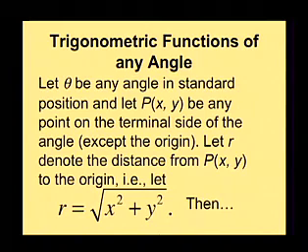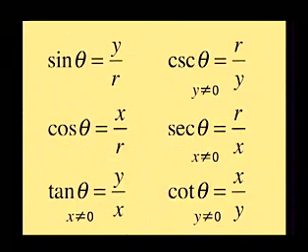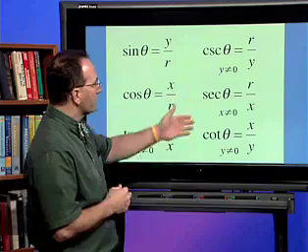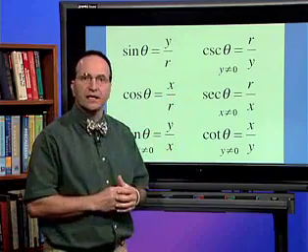Let r denote the distance from that point, x comma y, to the origin, i.e., r is equal to the square root of the quantity x squared plus y squared. In that case, the 6 trigonometric functions are defined as follows. Sine of theta is y over r, cosine of theta is x over r, tangent is y over x, where, of course, x is not equal to 0. And then we have the reciprocal functions that you can see as well.